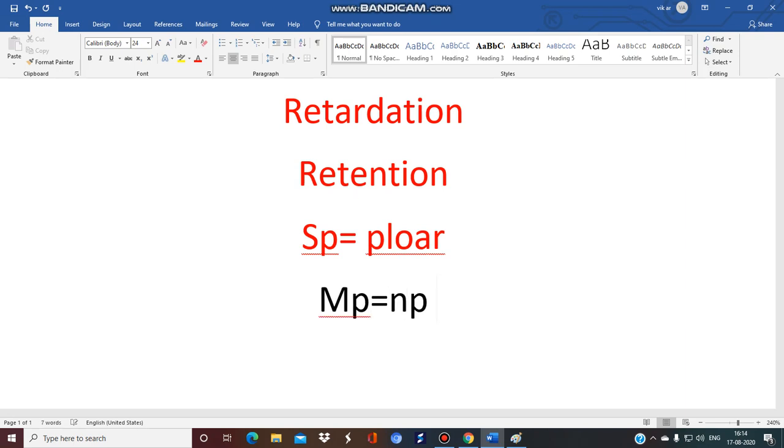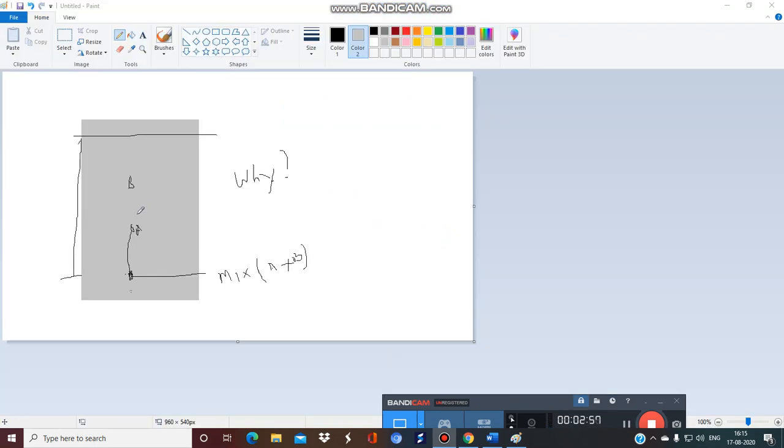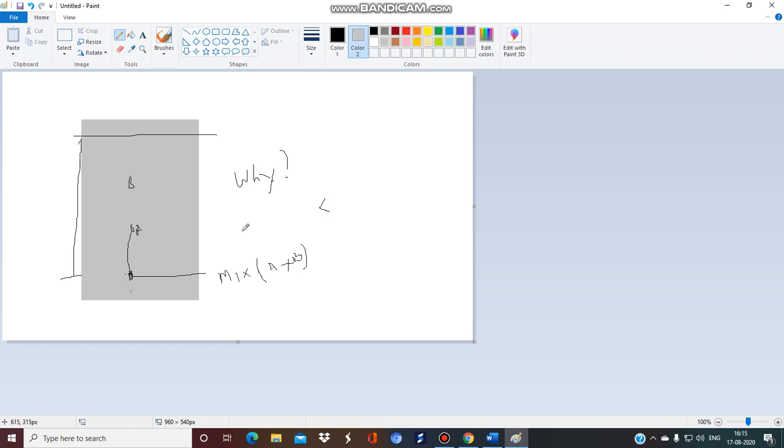If a compound has greater affinity towards the stationary phase, it has a very low RF value, whereas a compound with greater affinity towards the mobile phase shows a high RF value.